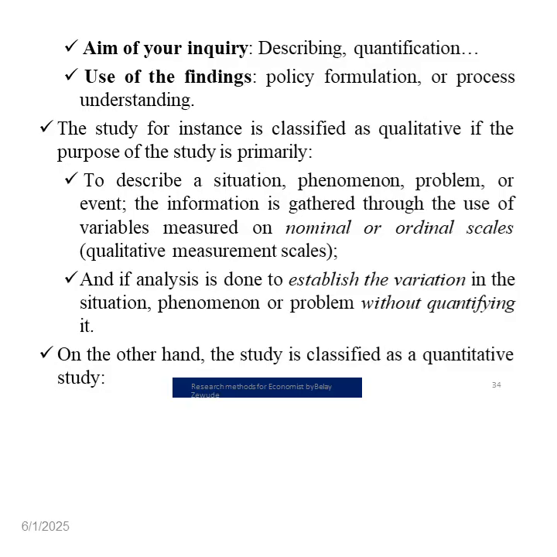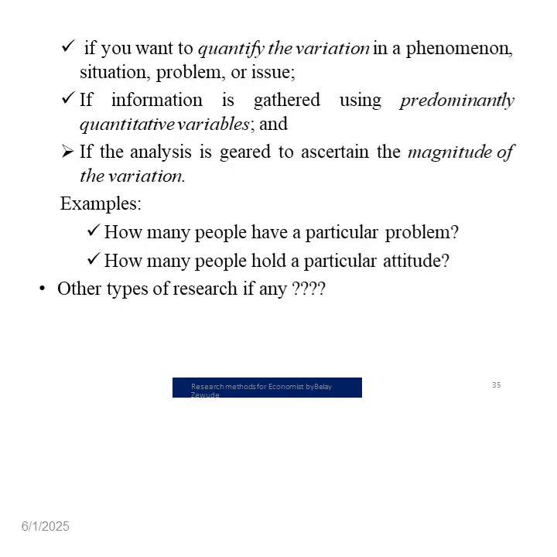On the other hand, the study is classified as quantitative if you want to quantify a variation in a phenomenon, situation, problem, or issue, if information is gathered using predominantly quantitative variables in number, if analysis is geared to ascertain the magnitude of the variation.